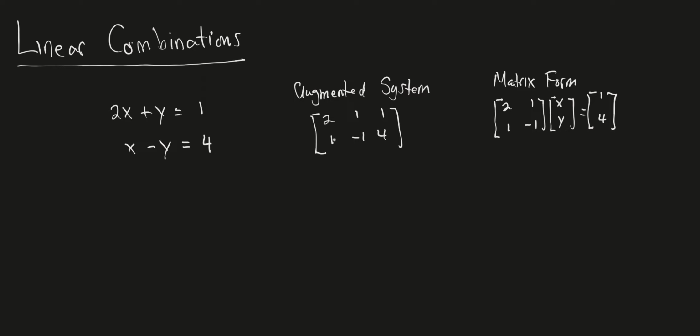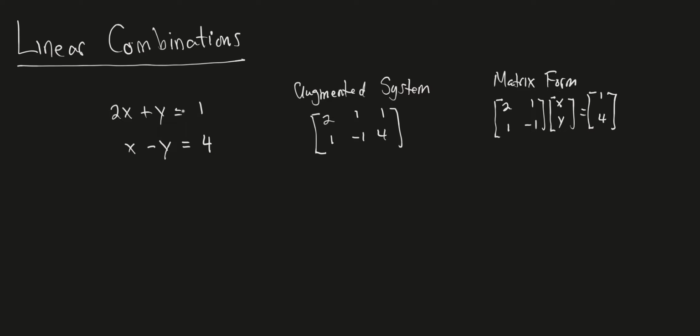All those ideas came from this. From this form, we developed the idea of the inverse of a matrix, and all the properties of the inverse. And when your coefficient matrix is square, we can say more about the inverse by looking at the determinant. So the matrix form led us to those concepts.